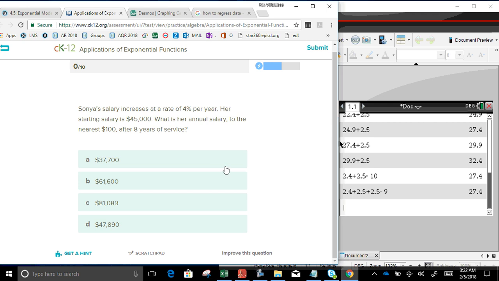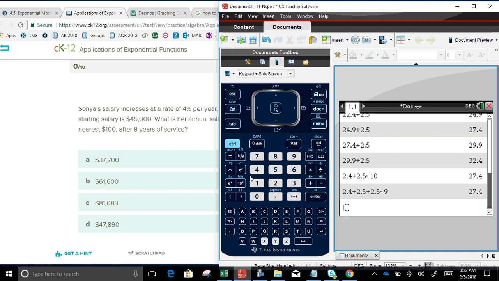So your salary increases 4% per year, $45,000 a year, to the nearest hundredth after 8 years of service. Okay, so write 45,000. That's where she starts.